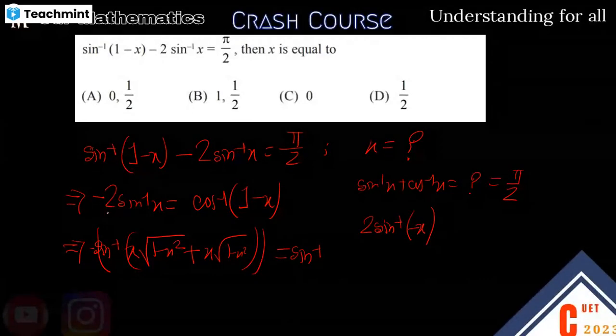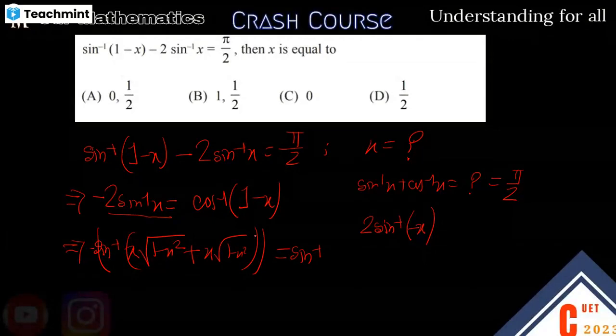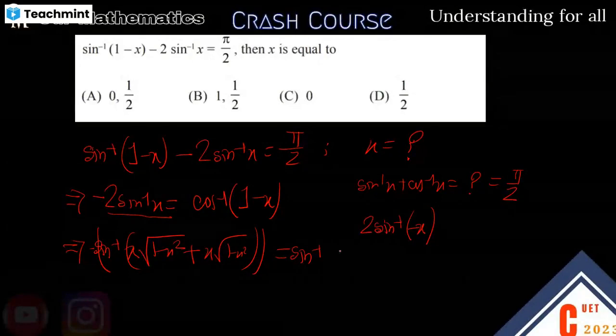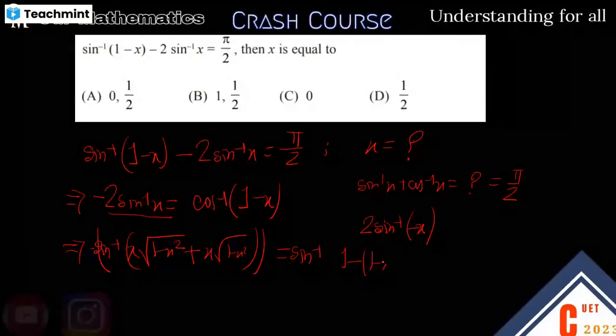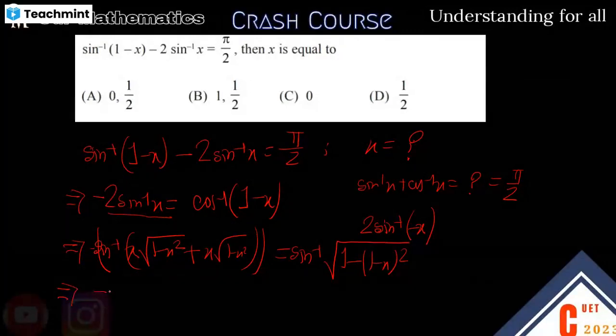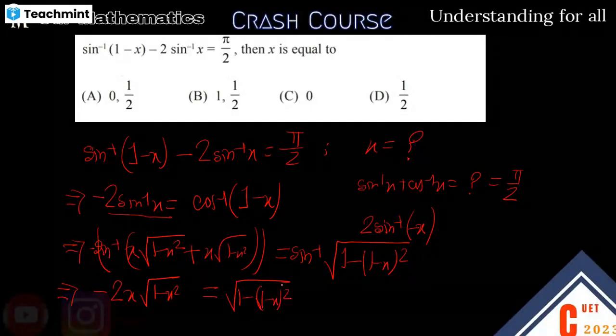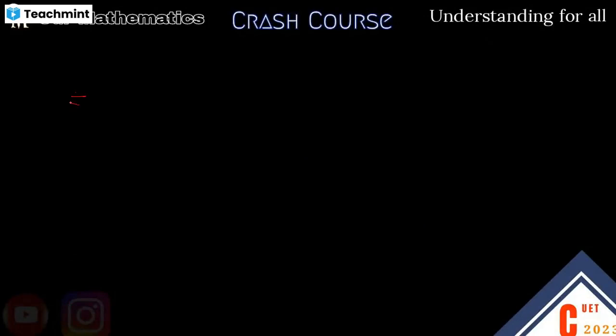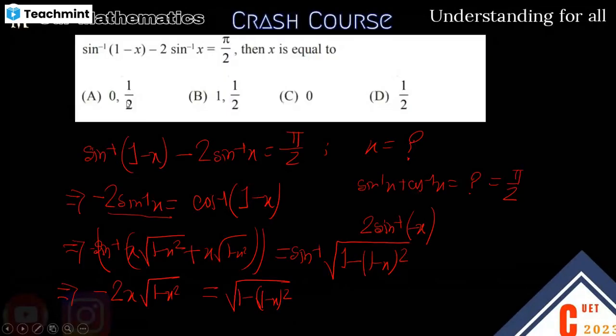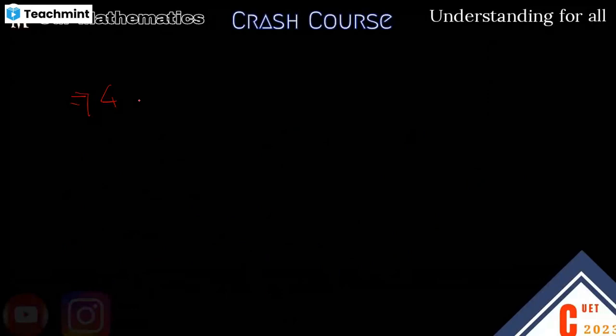So if we convert 2 sine inverse x into one thing, we will get sine inverse of x into root over 1 minus x square plus x into root over 1 minus x square, is equal to sine inverse of 1 minus x whole square root. Minus of twice x into 1 minus x square is equal to root over 1 minus x whole square, which is equal to 4 of x square into 1 minus x square is equal to 1 minus x whole square.